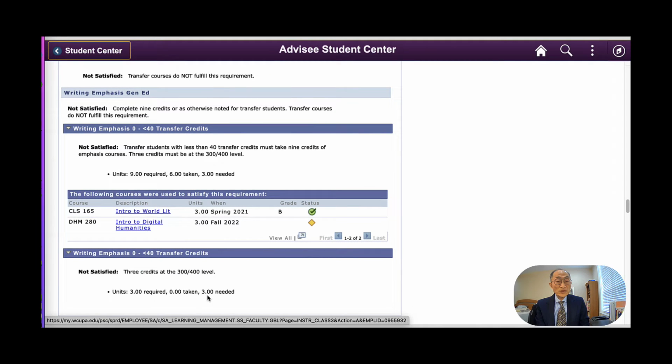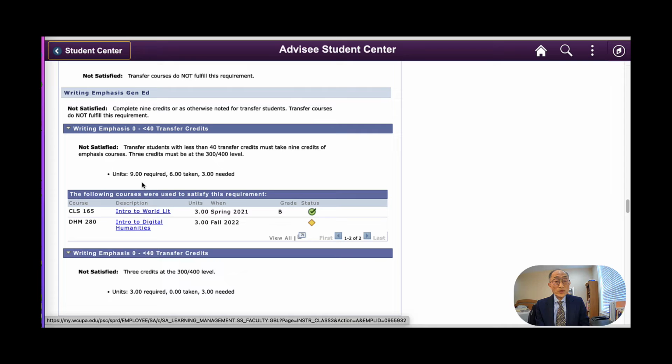So, and there's another thing here. It says not satisfied, units 3 required, 3 needed. This actually is one of the confusions people may have. This is actually consistent with what our advising sheet tells you.